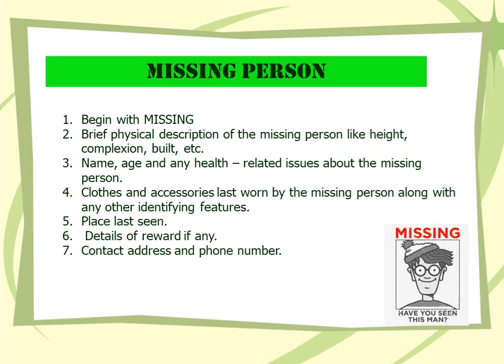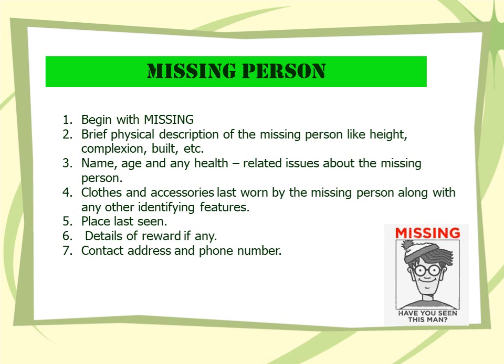Then we have to give a brief physical description of the missing person, like the height, the complexion, build, etc. We also have to mention the name, age and any health related issues about the missing person. Clothes and accessories last worn by the missing person along with any other identifying feature.